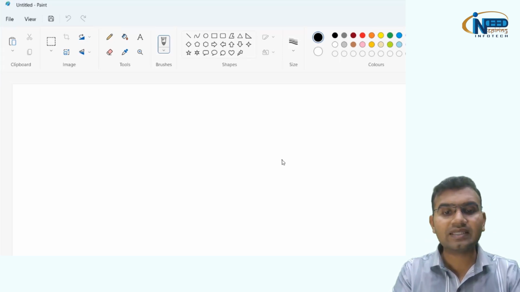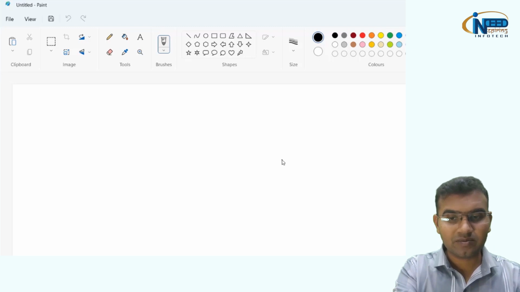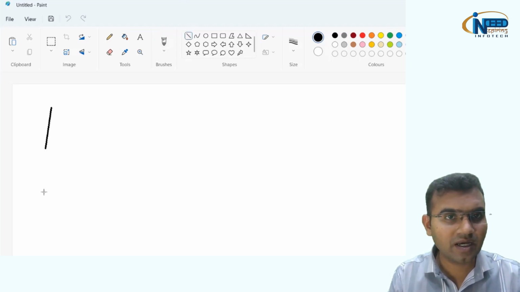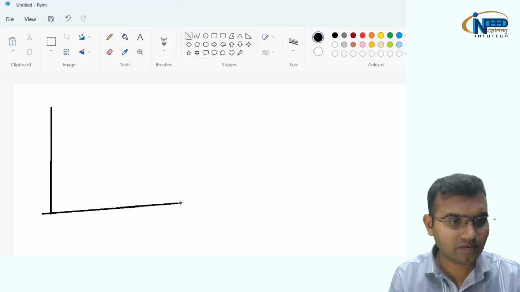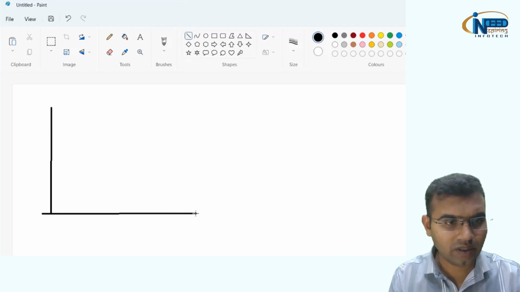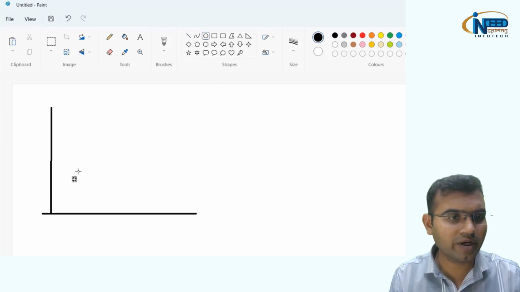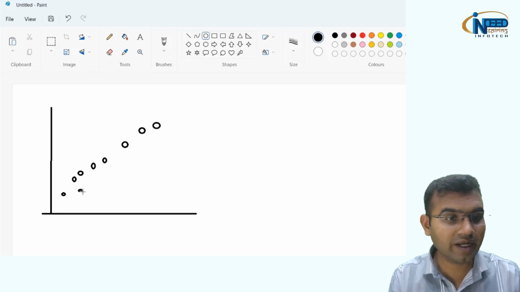The first one is linearity. Let's say this is our y-axis and this one is the x-axis. Here we have some data points. Now we need to see how these data points are organized.